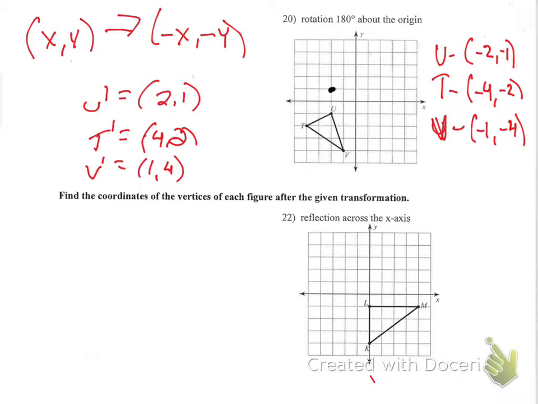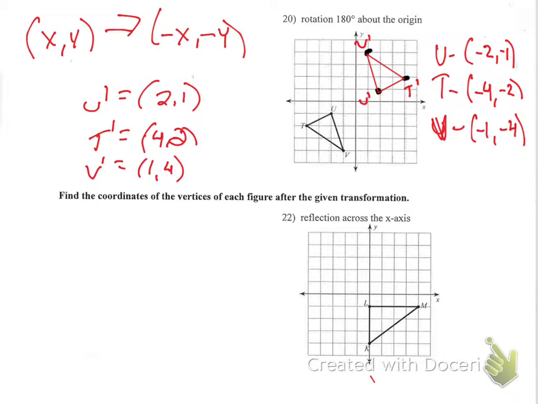Nope, that's the wrong one, sorry. There it is, right there. Then we have (4, 2), and then (1, 4). Connect our lines, and then we'll make sure that we label. And you're all set with 20.